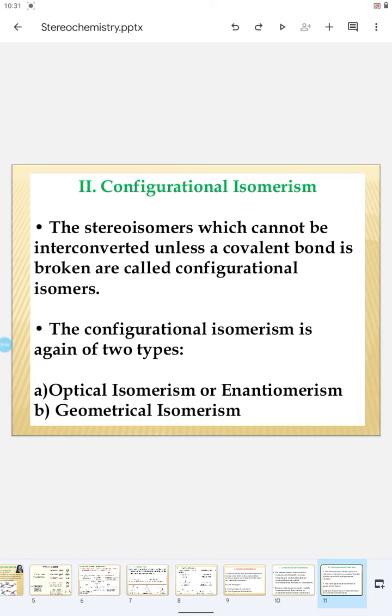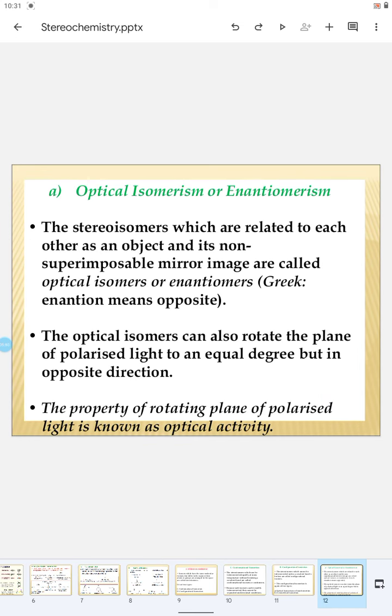The configurational isomers are again of two types, optical isomers or enantiomers and geometrical isomers. Optical isomers: some organic molecules have the ability to rotate the plane polarized light.